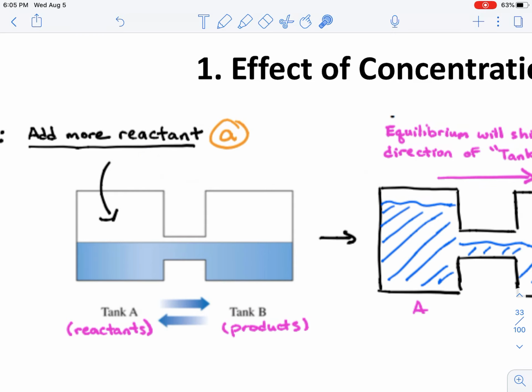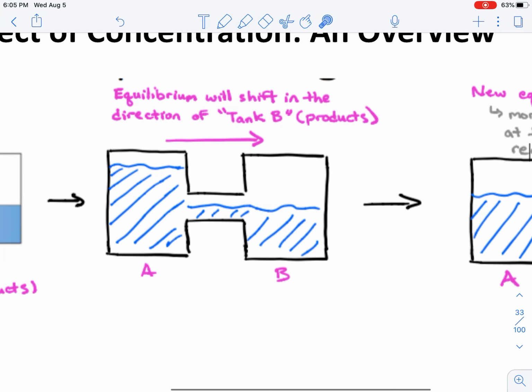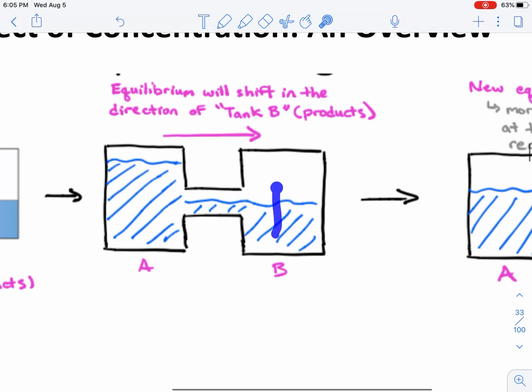The consumption of the reactants is demonstrated by the water level going down and flowing into tank B, where the level of the liquid in tank B will go up.